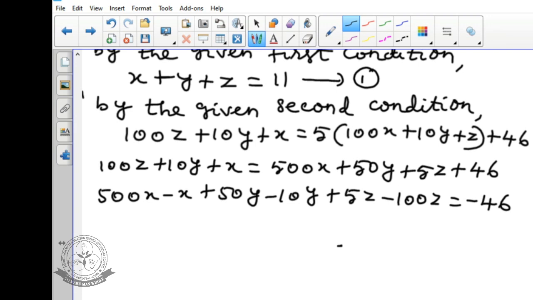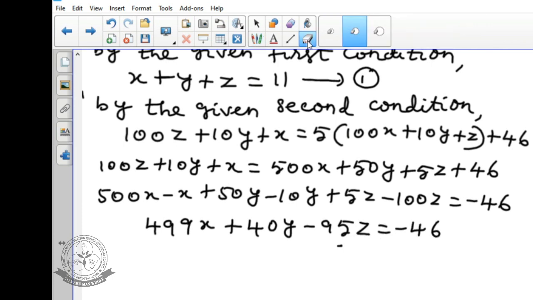Simplifying, we get 499x plus 40y minus 95z equals minus 46. You have to give this equation number 2.